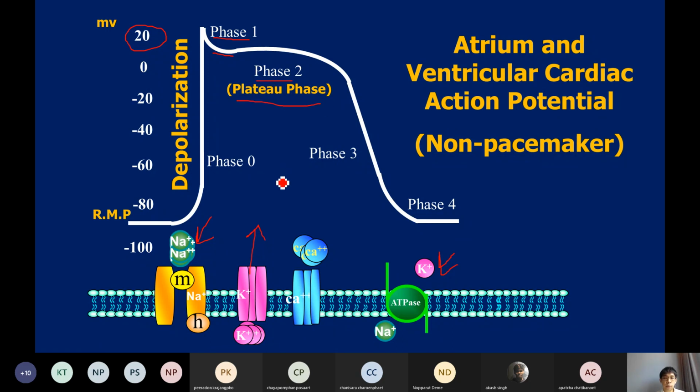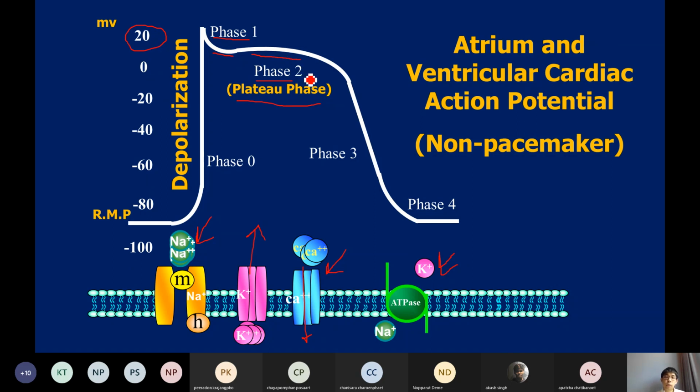It is a plateau because the potassium channel is still open and potassium still flows out of the cells, but in this phase the calcium channel is also open, and the positive calcium ion flows into the cell. This balances the membrane potential and causes it to plateau at around positive 5 to 10 millivolts.